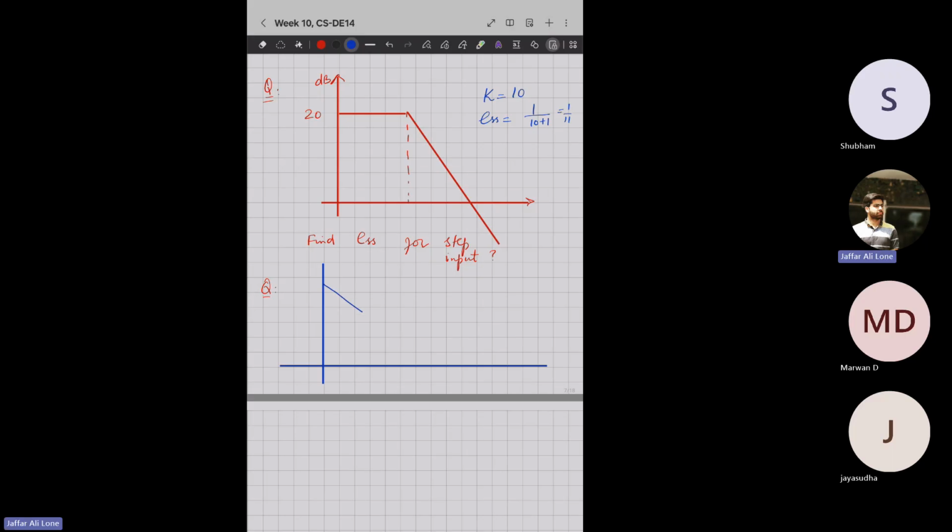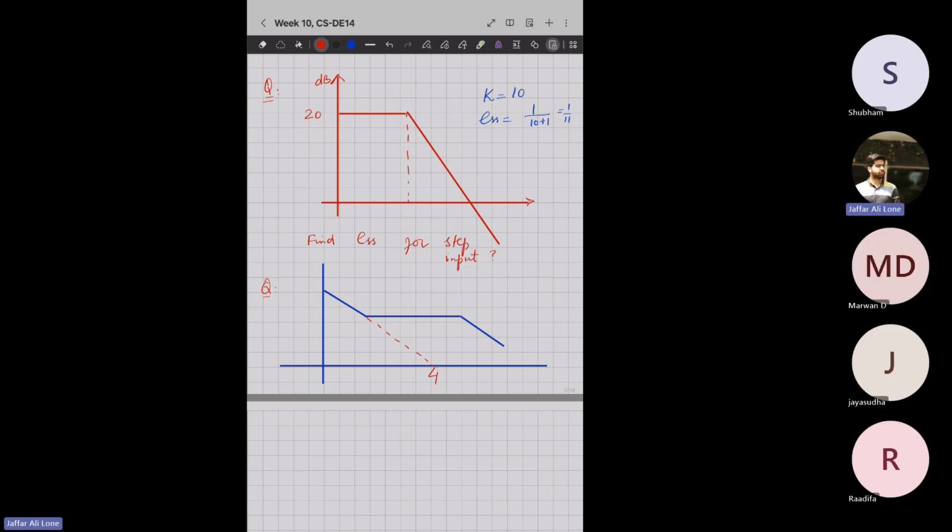Then solve this question. This is given as 4, right? You have to find the steady state error for a ramp input.